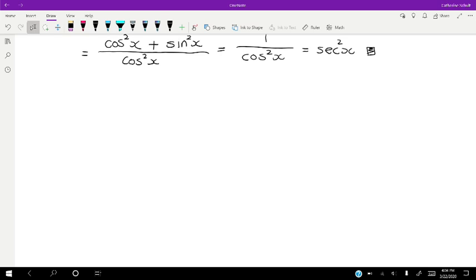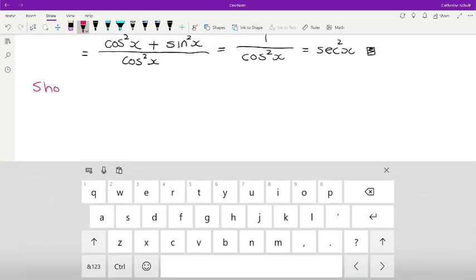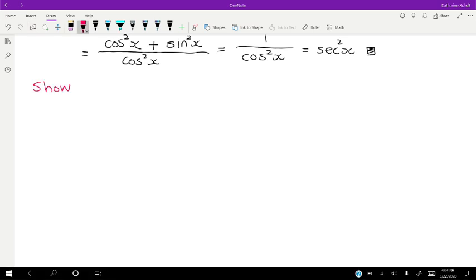So now I want you guys to show the following. And you guys are going to show this is negative cosecant of x times cotangent of x. All right, so go ahead and push pause, and then we'll see how you guys do. Okay, so hopefully your first step was rewriting the cosecant as a reciprocal of 1 over sine of x.